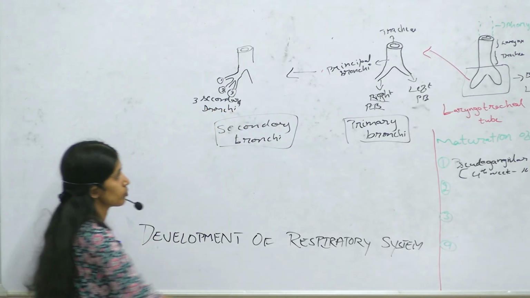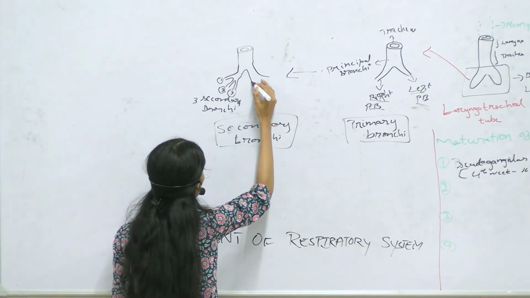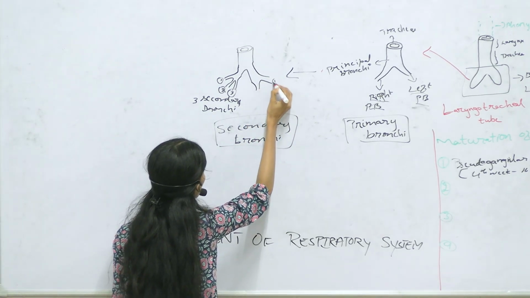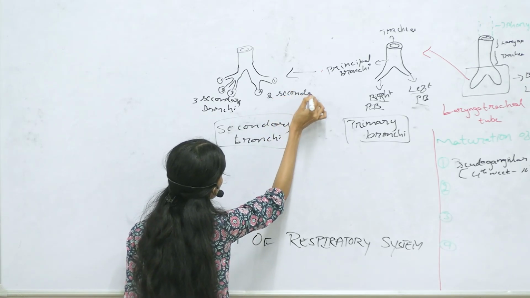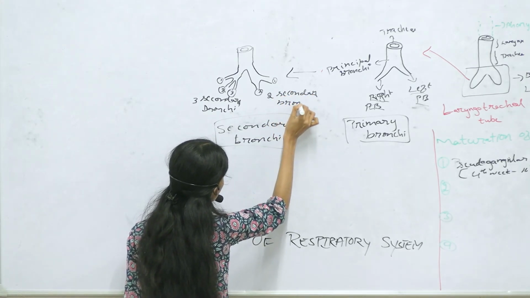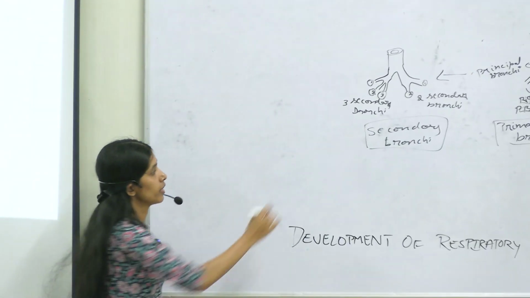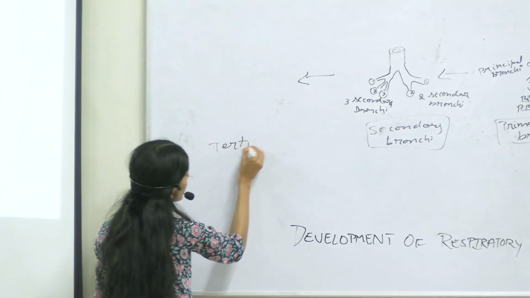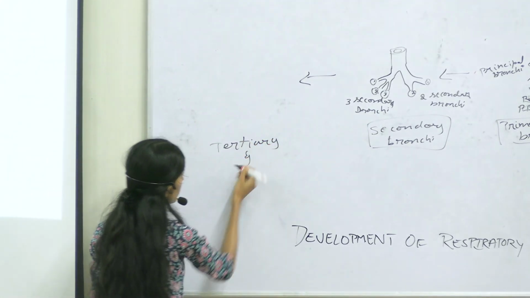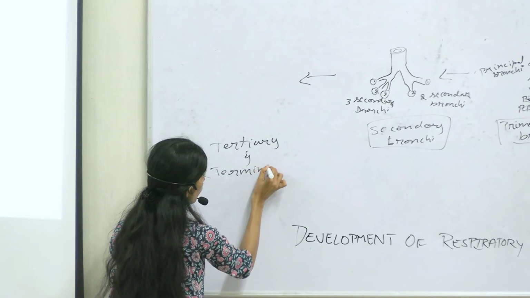And from the left principal bronchus, we can see the formation of 1 and 2. 2 secondary bronchi. Next, from the secondary bronchi, we can see the formation of tertiary and terminal bronchioles.